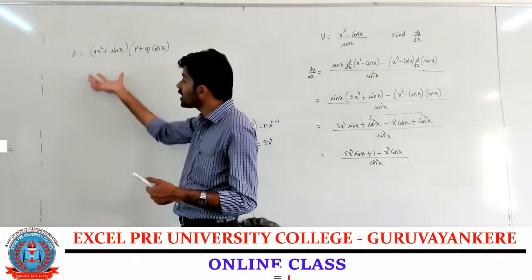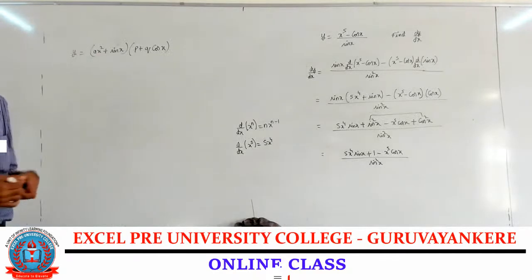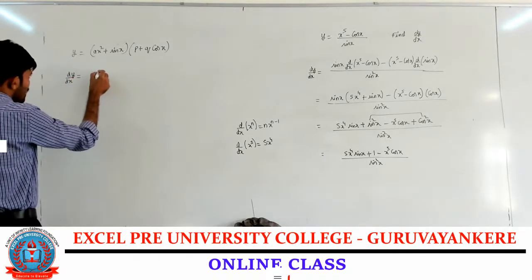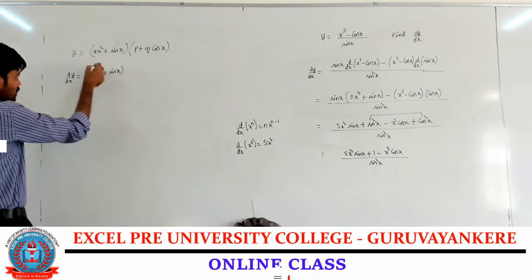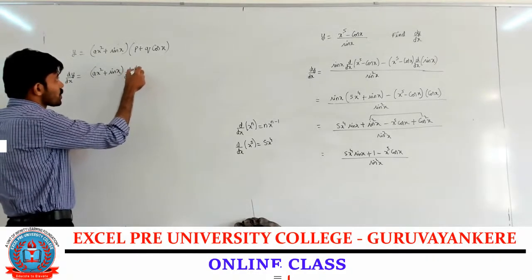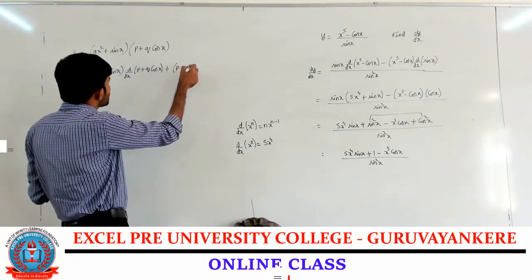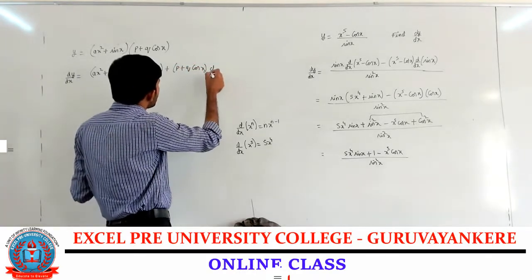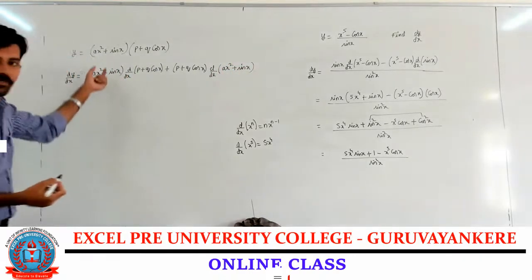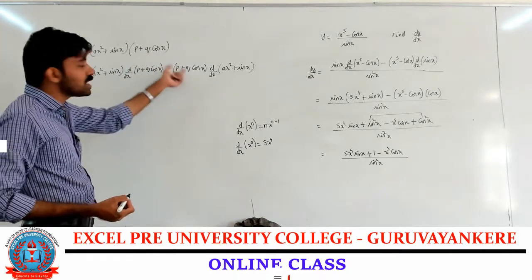Apply the product rule: first function keep as this, differentiate the second function, plus second function keep as this, differentiate the first. So dy by dx is ax square plus sin x, first function as it is, into d by dx of p plus q cos x, plus the second function p plus q cos x as it is, into d by dx of ax square plus sin x.